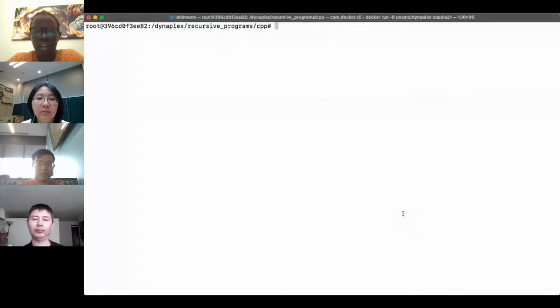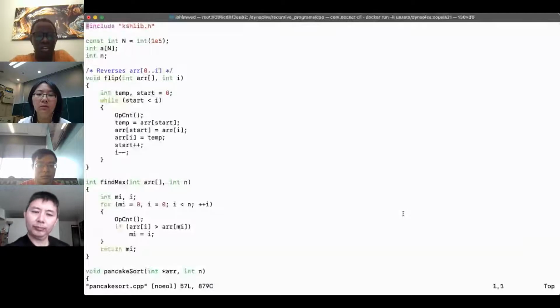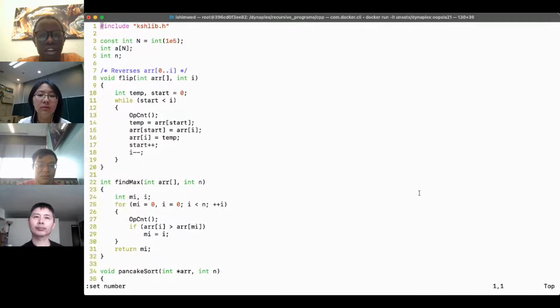So let's look at an example of how to instrument. Let me make sure I'm sharing the right screen. Okay. We have a C++ implementation of PancakeSort.